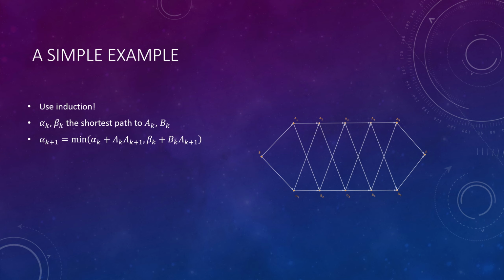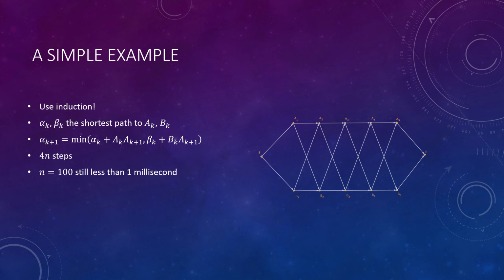Alpha k plus 1 is the minimum between alpha k plus the edge cost of AK plus 1, and beta k plus the edge cost of BK plus 1. And this is because in order to reach AK plus 1, we either reach it through AK or we reach it through BK. And we already know, we solved the steps AK and BK. So obviously the same holds for beta k plus 1.